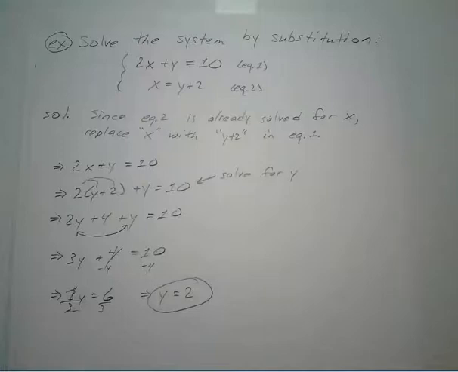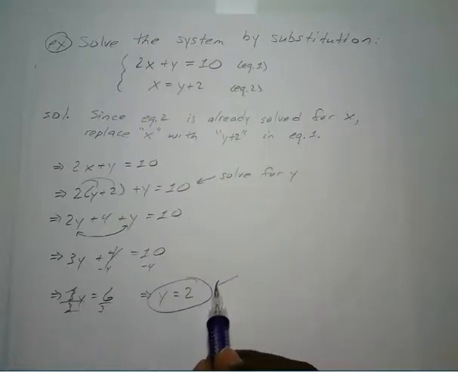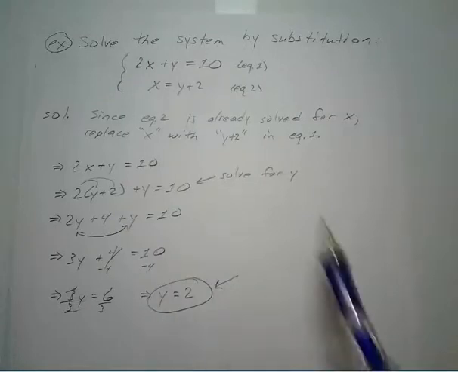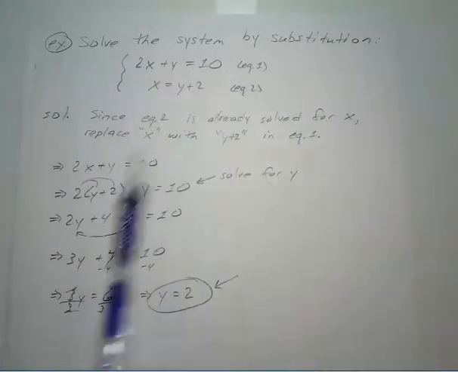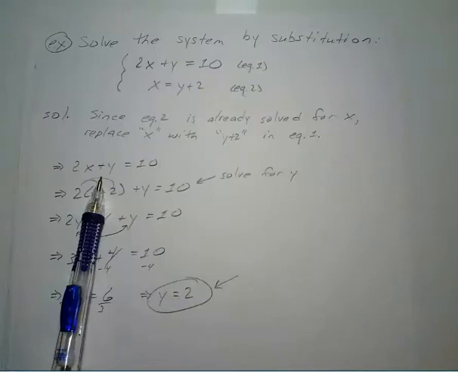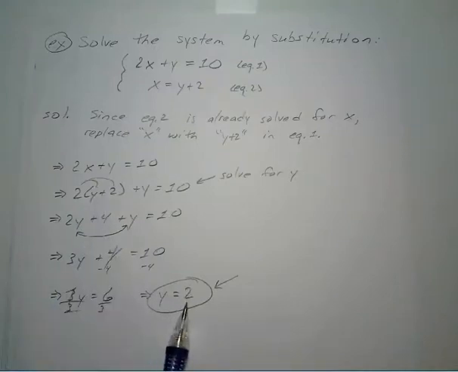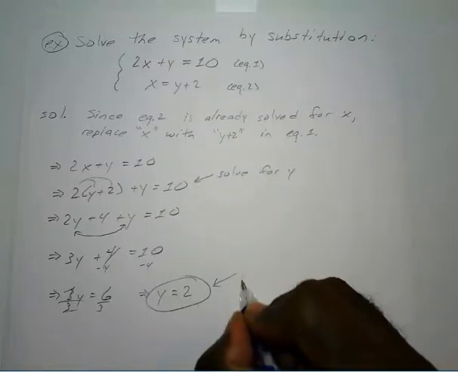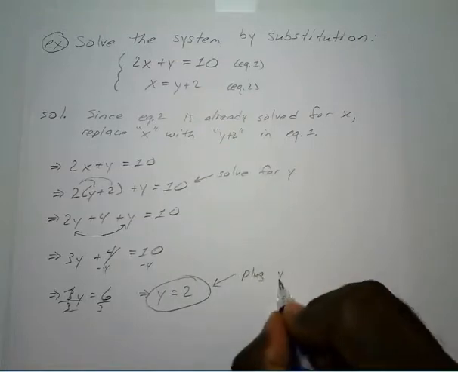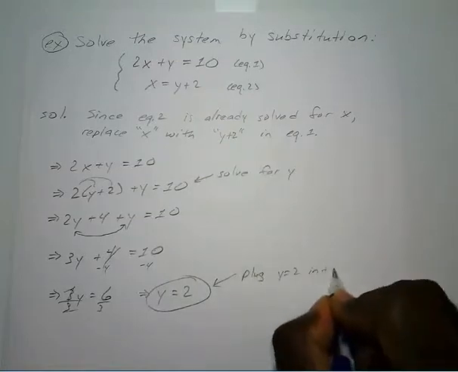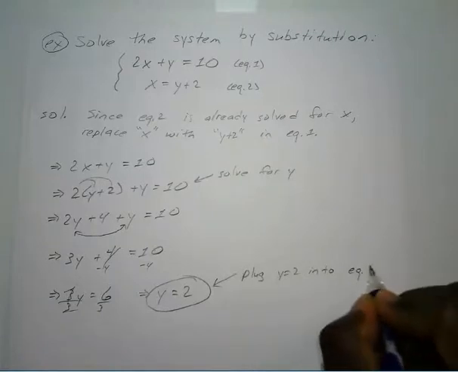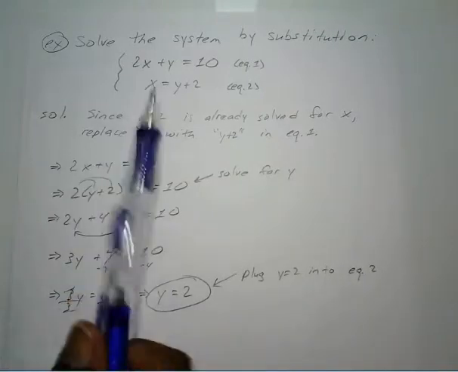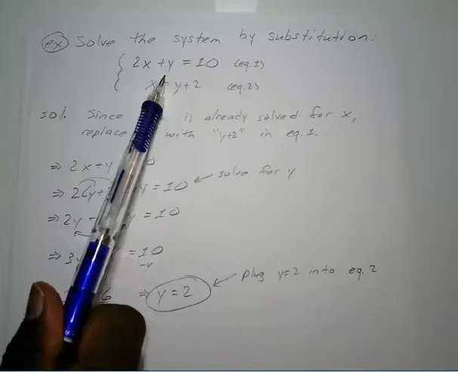Okay. Now, once you solve for that variable, you get that value and plug it into the other equation. Since we started with equation 1, once we solve for a variable, we plug that into equation 2. So we plug y equals 2 into equation 2. If we started with equation 2, we would plug our answer into equation 1.